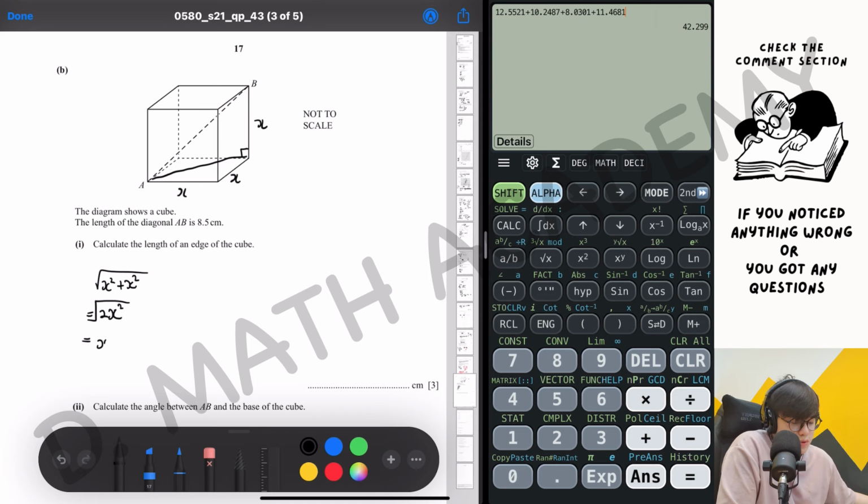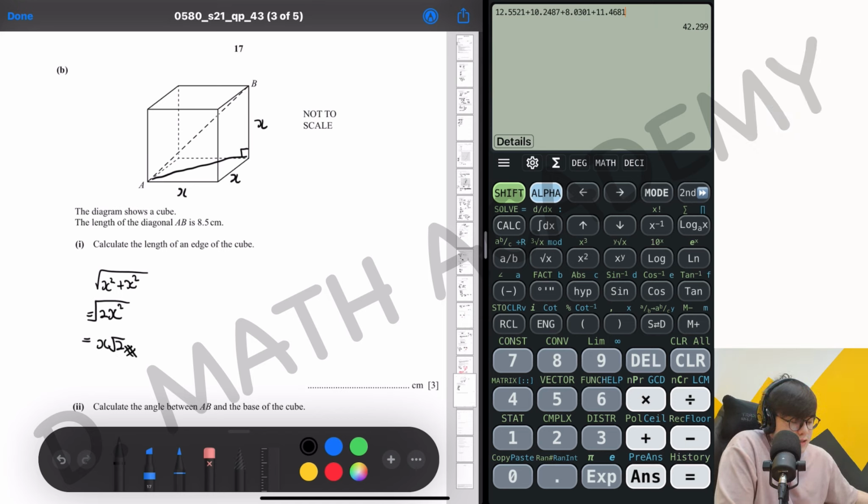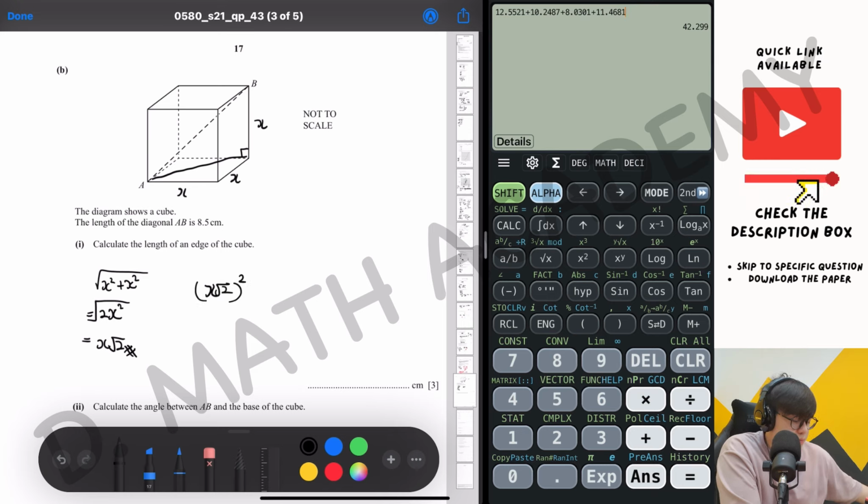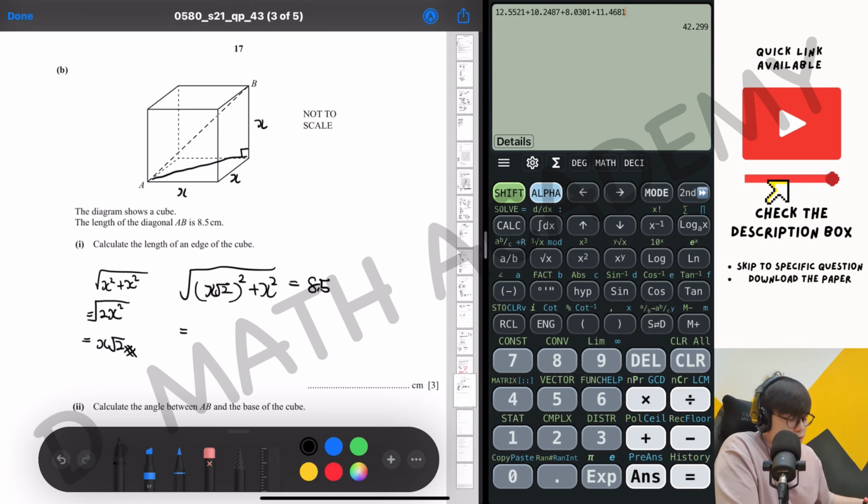So from this you will get x square root 2 as the diagonal of the base. So with this you know that x square root 2 squared plus x squared, square root of this, you will get the result of 8.5, because they were referring to the other triangle over here. Repeat the Pythagoras theorem to get the result.